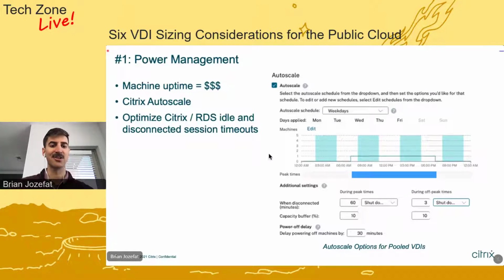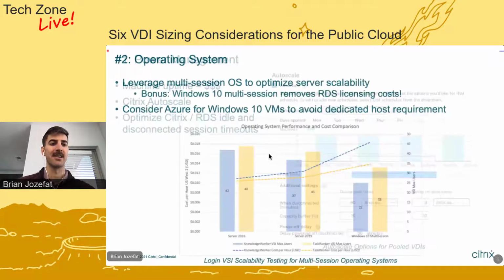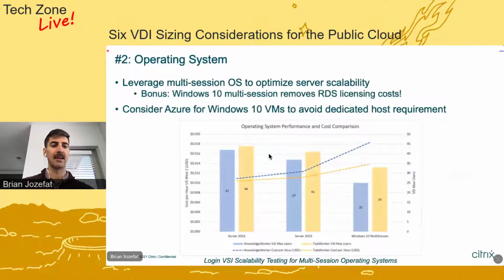All right, let's jump into number two here. So after we look at some of the power management options, one of the first things I definitely recommend evaluating is the operating system that we're ultimately going to deploy on. I've seen a couple customers burned on their desire just to take a VDI model and push that directly into public cloud without really thinking too much about some of the cost implications.